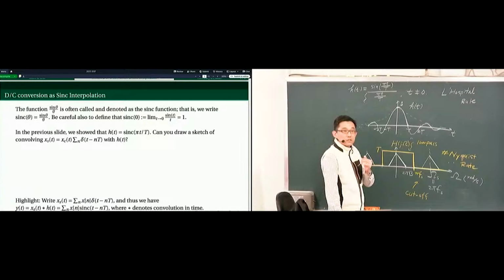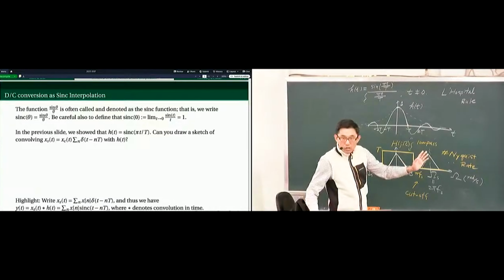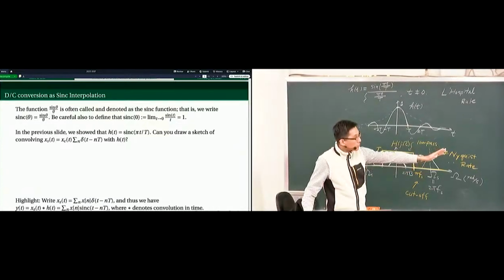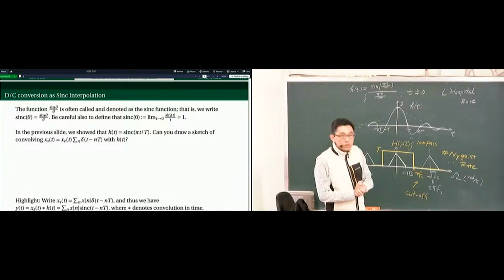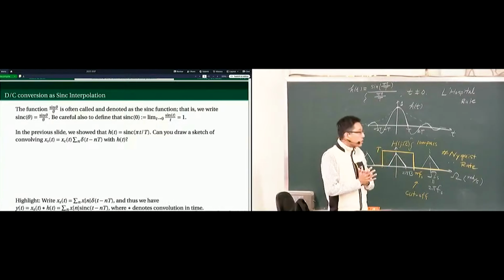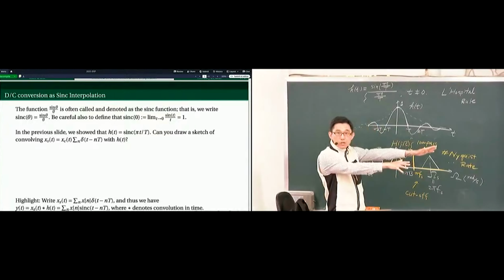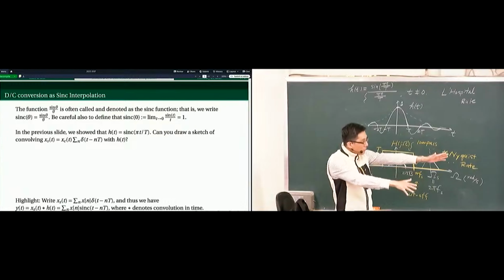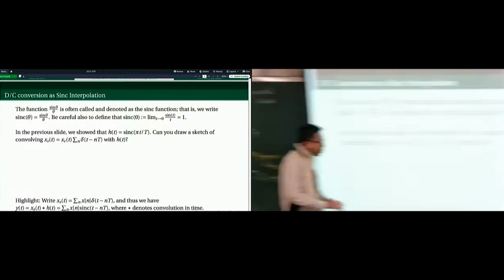I'd like to stop for a while to give you some time to contemplate what's going on right here: same in the frequency domain, therefore we expect the result should be the same in the time domain. And by plotting, it makes sense. What is a low pass filter?